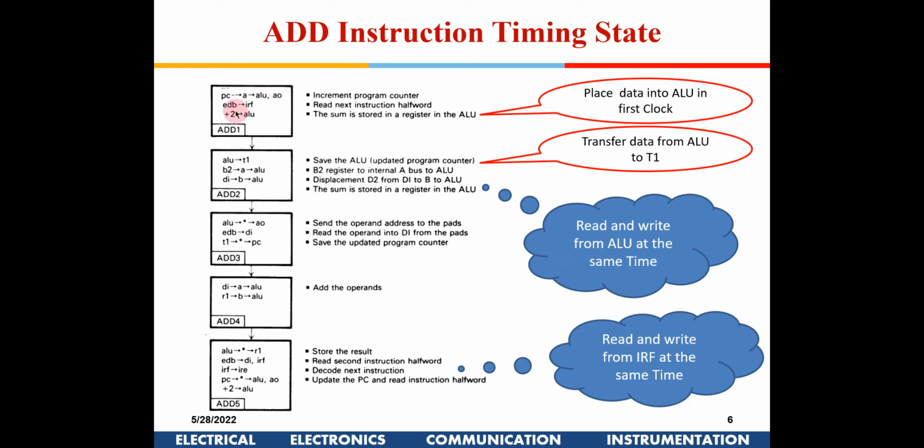The PC count has already been computed in the previous cycle, so the next instruction is being fetched by placing that address into the AO, and in parallel the IRF register is getting updated with the next instruction.